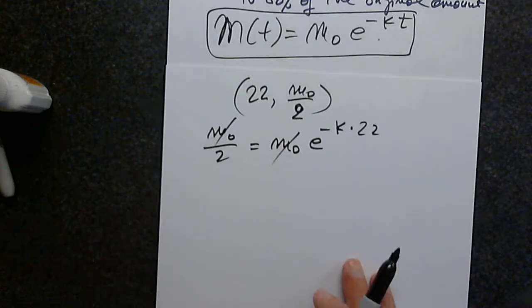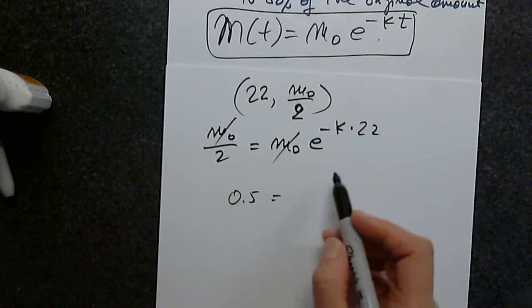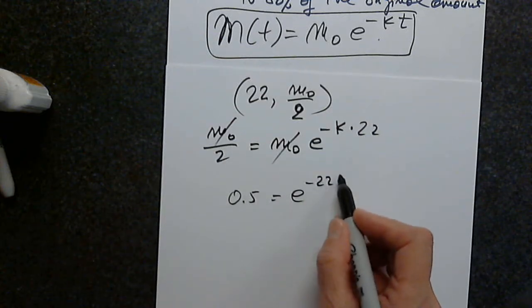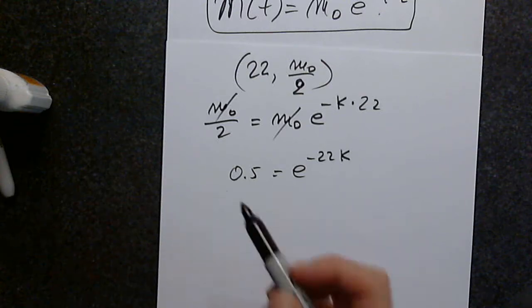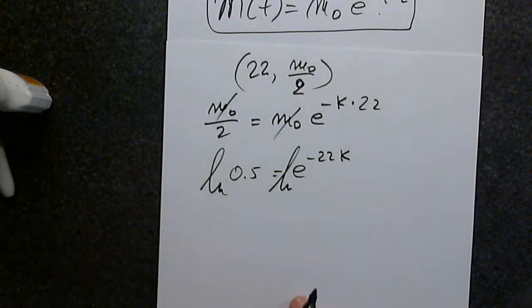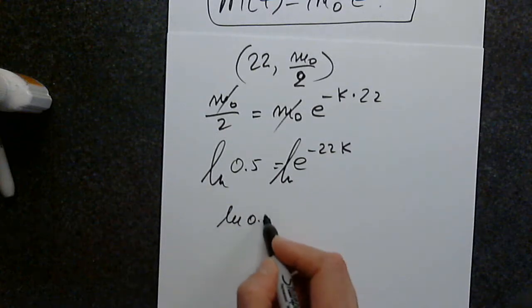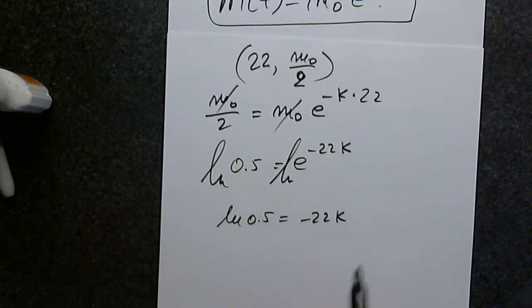So the left-hand side is 0.5. The right-hand side is e to the negative 22K. From here, we want to find K. We will apply natural log to both sides. So we have natural log 0.5 equals negative 22K.